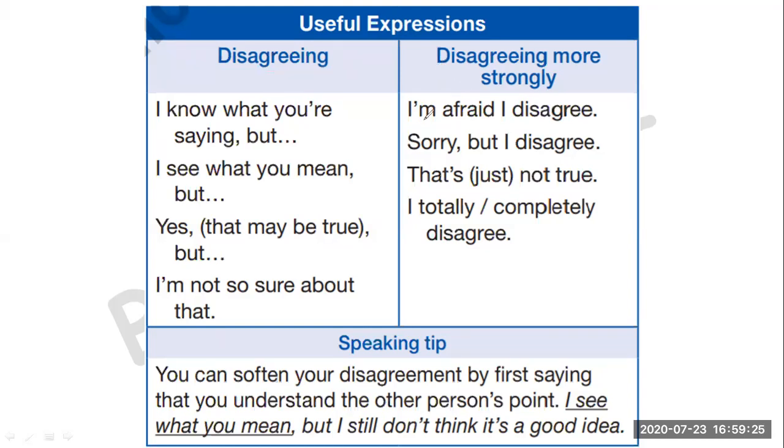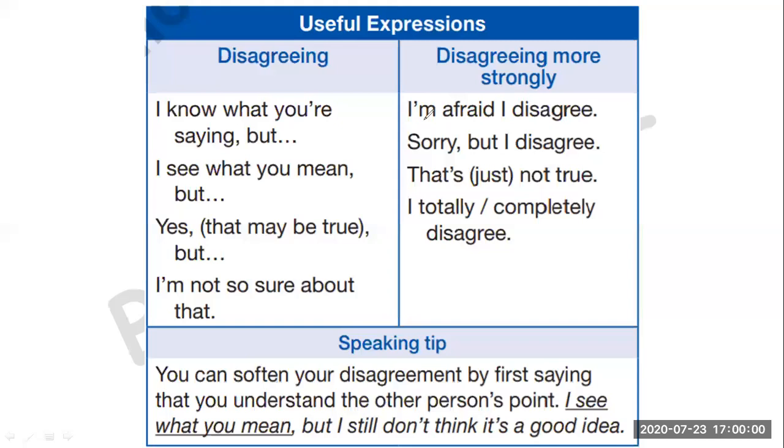Yes. Very good. Okay, so, teacher, can you repeat, please? Which part do you want me to repeat? Disagree more strongly. Okay. The difference between these 2 parts: when you say disagreeing, maybe you respect the other person's opinion. You don't want to make the other person feel bad about you disagreeing. And when you say disagreeing more strongly, maybe you think that the other person doesn't have the reason.